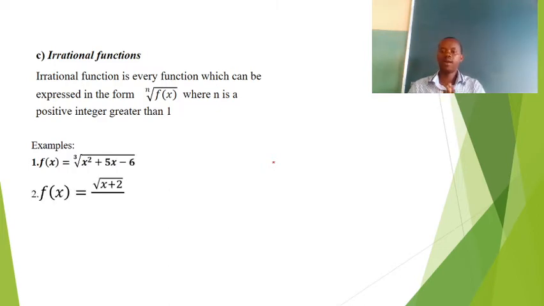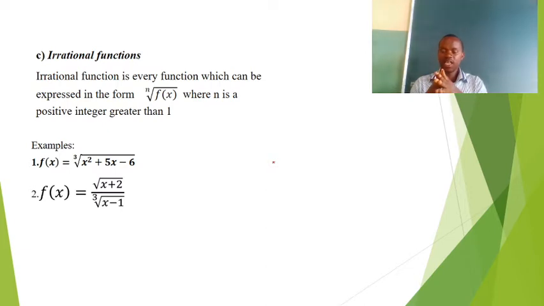Now let us have some examples of irrational functions. Example number 1 is f of x equals cube root of x squared plus 5x minus 6. Because it contains the radical, it is an irrational function. Example number 2, we have f of x equals square root of x plus 2 over cube root of x minus 1.